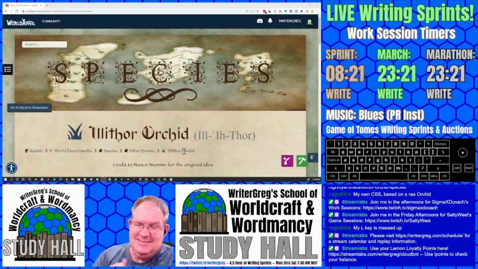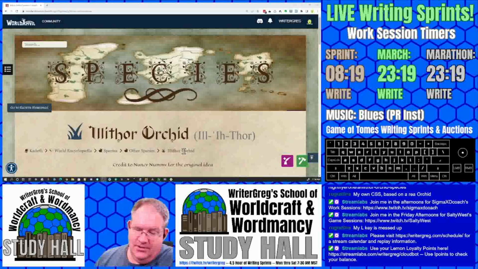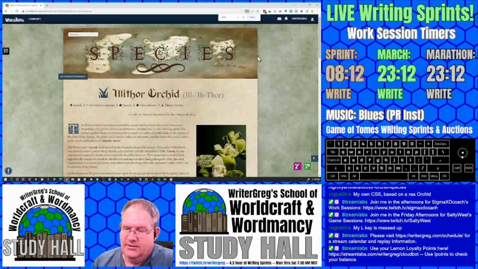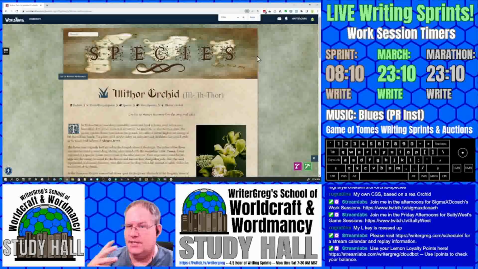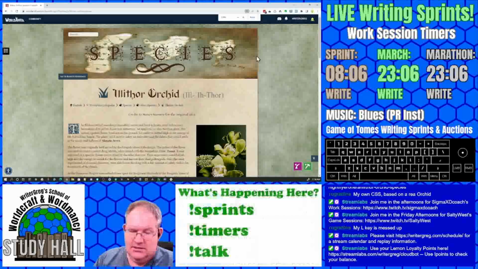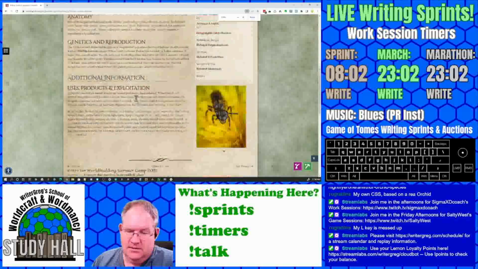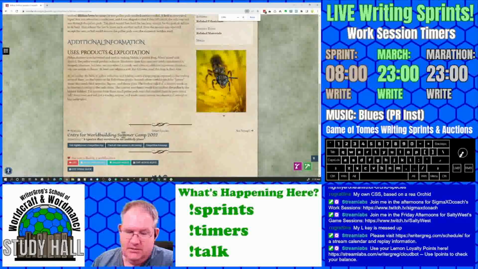All right, species. Illithor Orchid. I should zoom out, reset, so I can get a better appreciation for the size of the article. All right, nice. Okay. Ooh, bug.